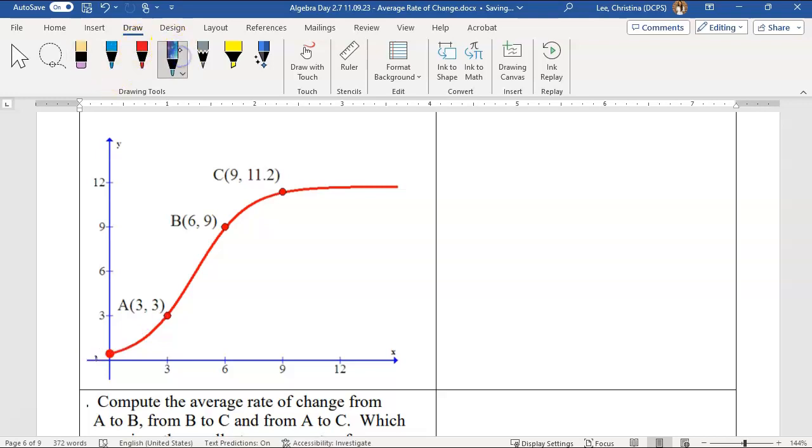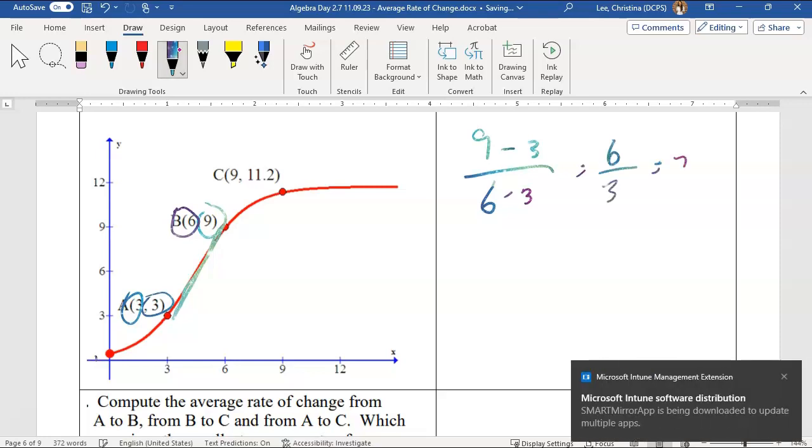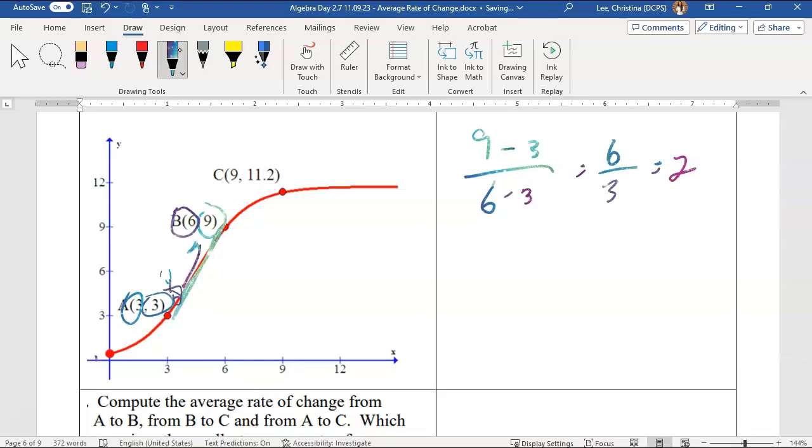Let me fix that. Okay. So we're looking from here to here, the slope of this line. And so we're going to use our outputs first. So 9 minus 3 all over 6 minus 3. And we'll get 6 over 3 equals 2. And it's positive, and that makes sense because our line is positive. The little person's going to go climbing up the line.